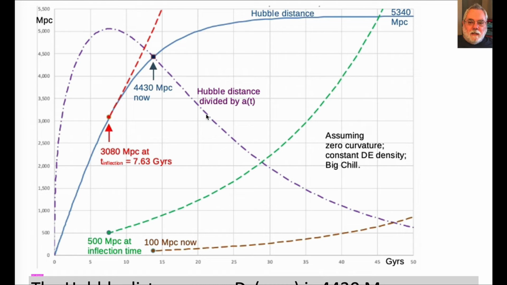The purple dot-dashed curve is the Hubble distance divided by the scale factor for that time. For any given time, a point on this curve tells you how far from us now a galaxy must be to be at the Hubble distance at the given time.